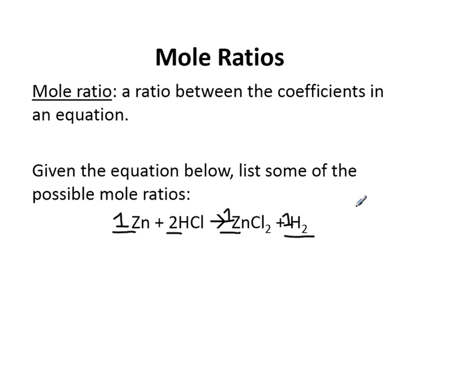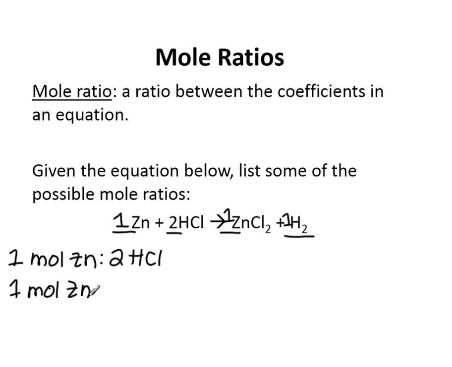Those are all the balancing coefficients. We could come up with any kind of ratios with these that we want. We could say that there's 1 mole of zinc for 2 moles of HCl. That could be one ratio. Another ratio we could have between a reactant and product: you could say 1 mole of zinc for 1 mole of zinc chloride.